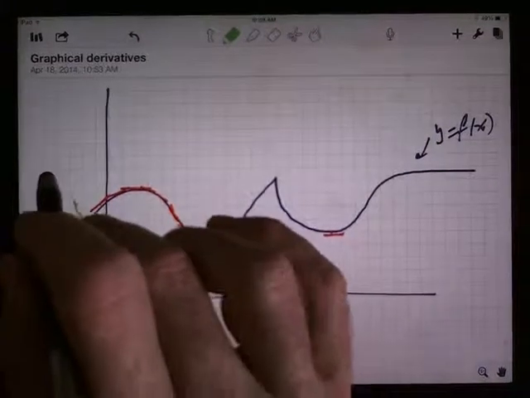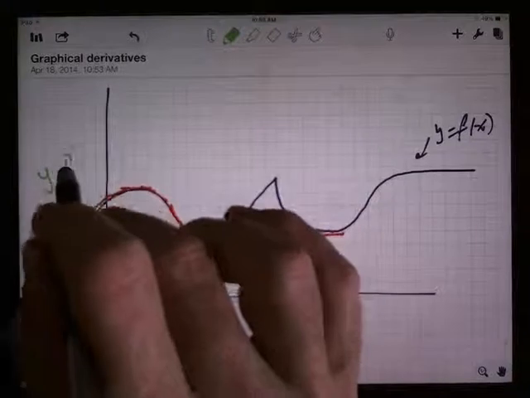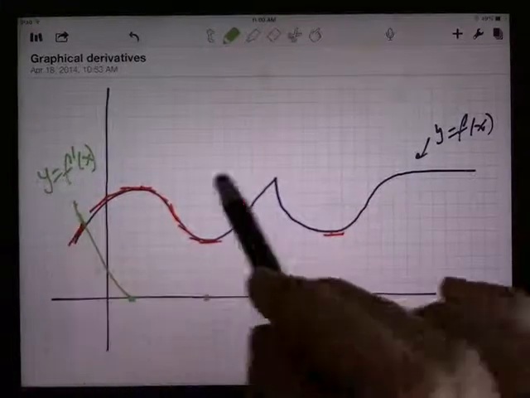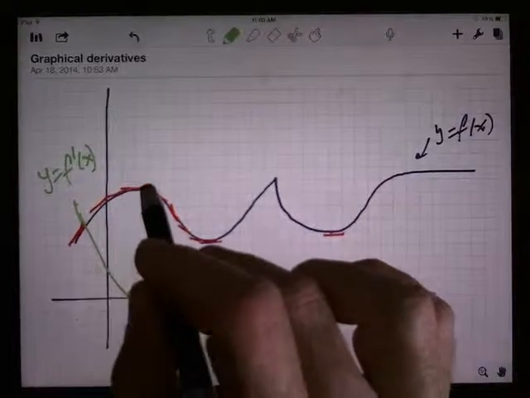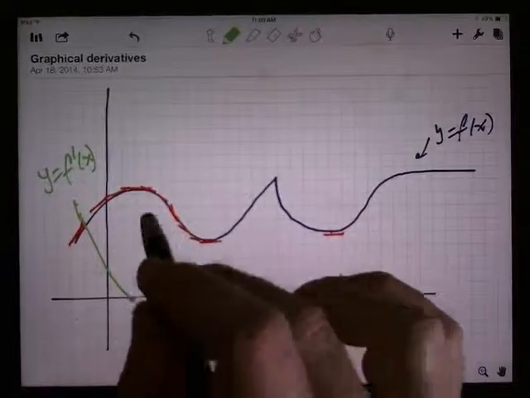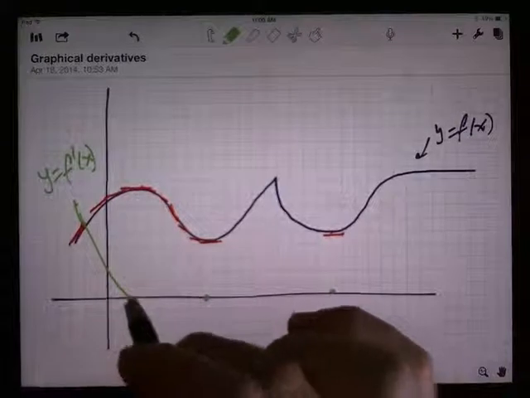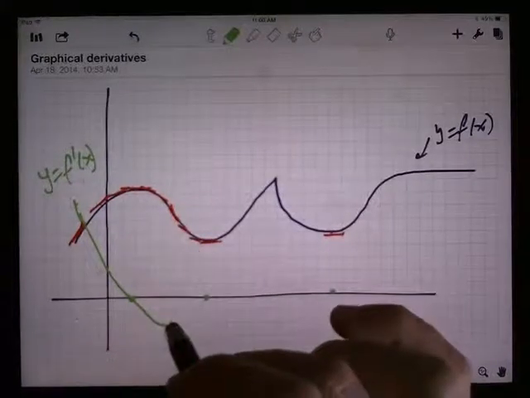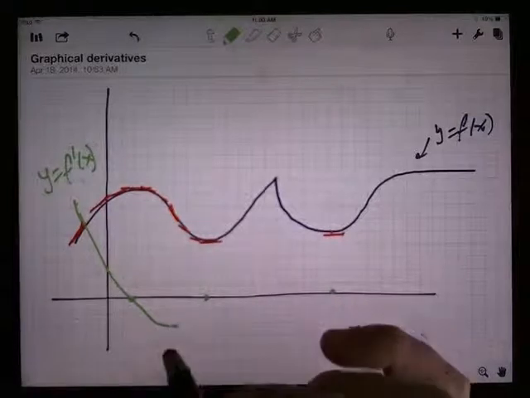Because remember, in this graph, y equals f prime of x, the y values of f prime are the slopes of f. So I'm looking at these slopes and making them my y value. Slightly negative slope, slightly more negative slope. So that's down here. I get to a point where it's as steep negative as possible, so that's the most negative y value.